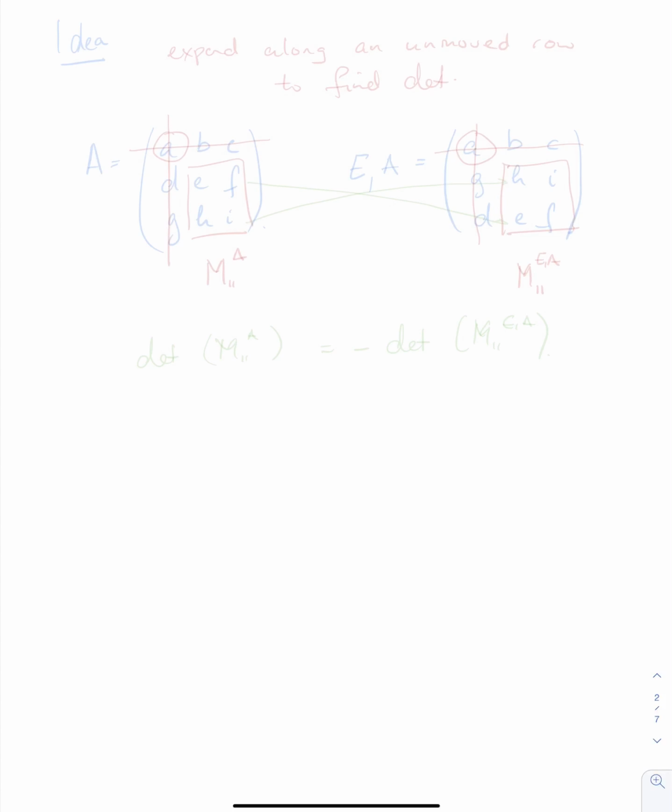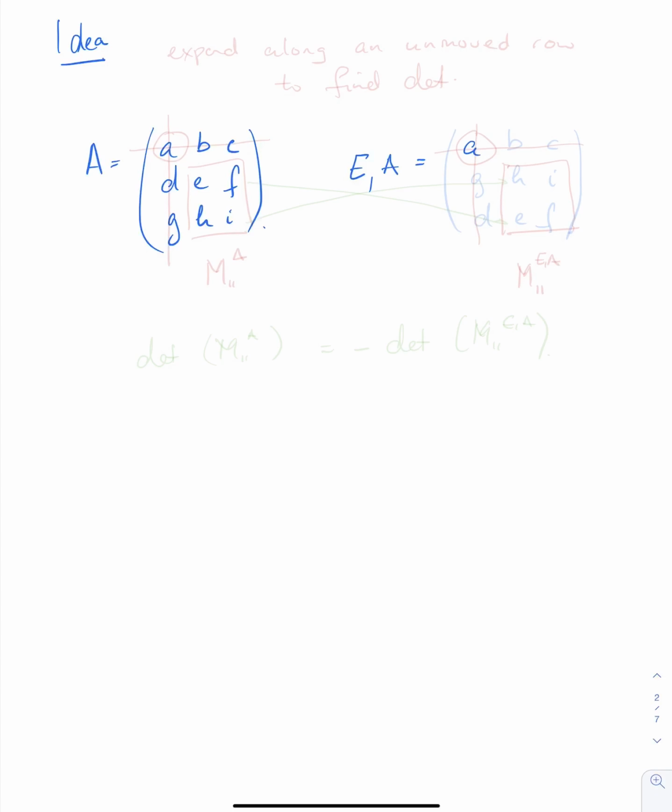Before we prove this, let's actually think about how it's going to be proved. Here's the idea. Say we've got a matrix A, B, C, D, E, F, G, H, I. And E1 is going to be the elementary matrix that exchanges row 2 and row 3.